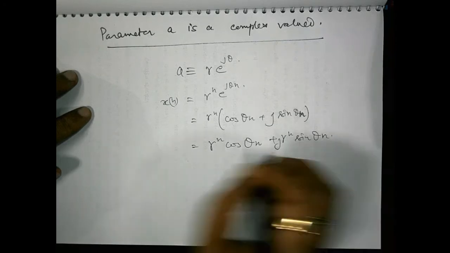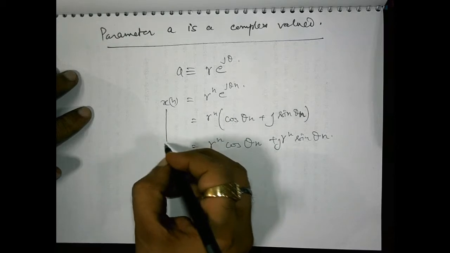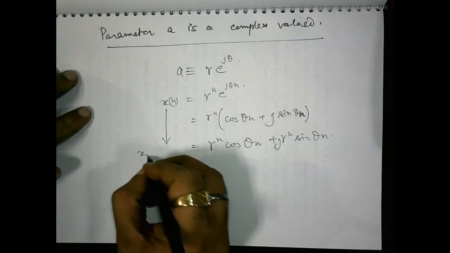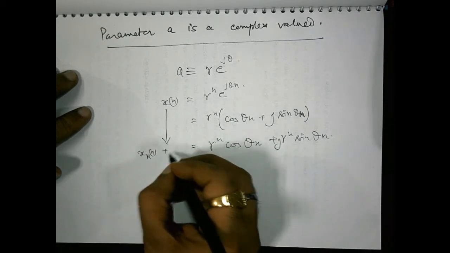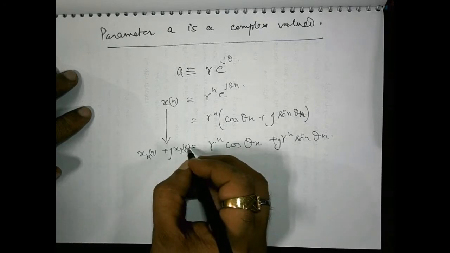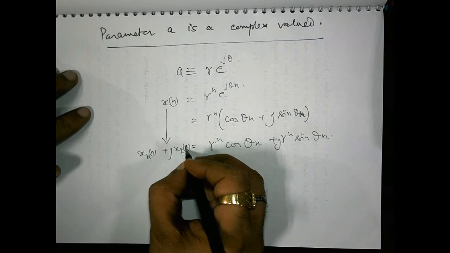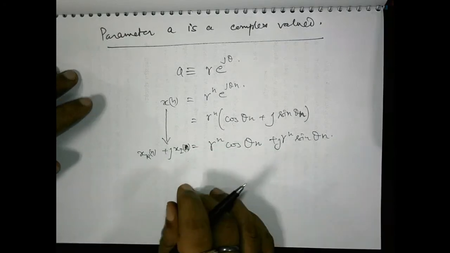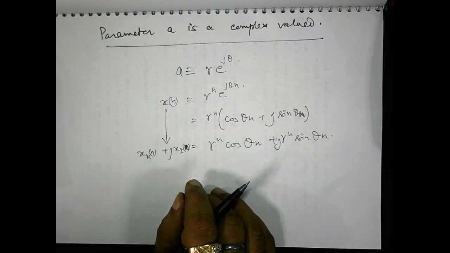This x[n] can also be represented as the real part of x[n] plus the imaginary part of x[n].